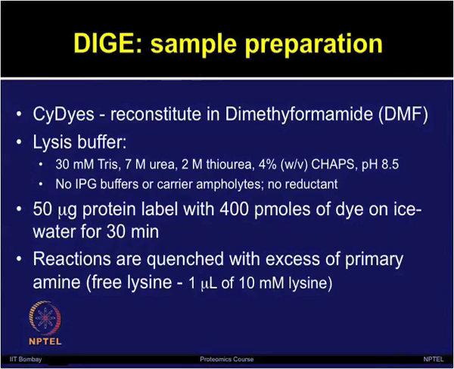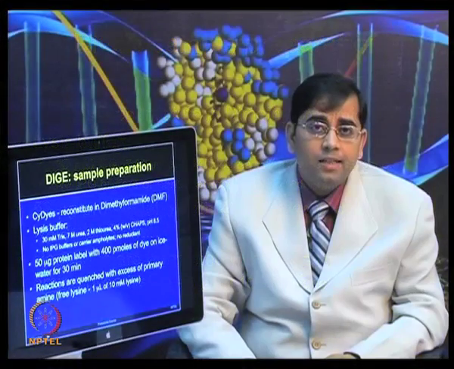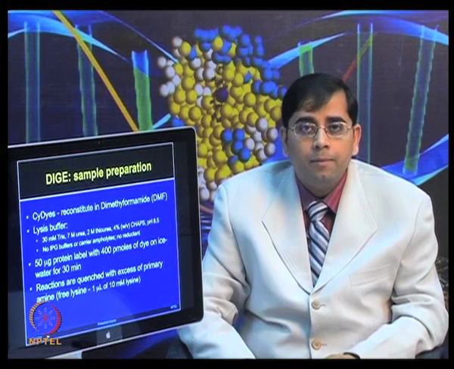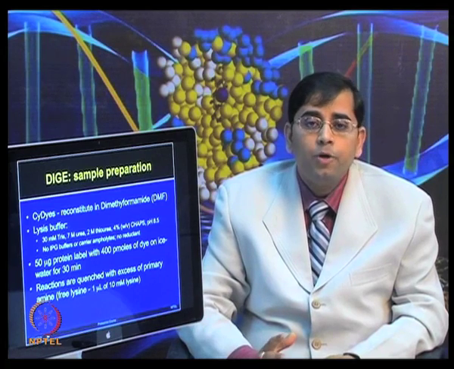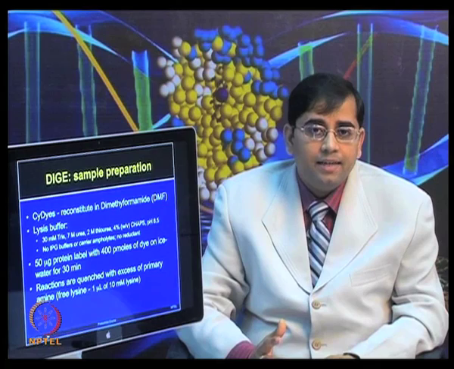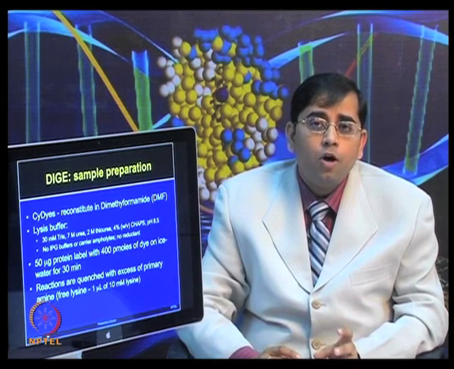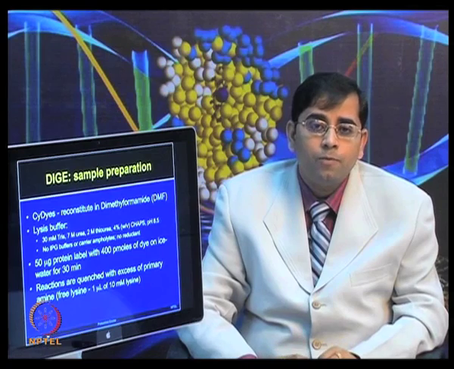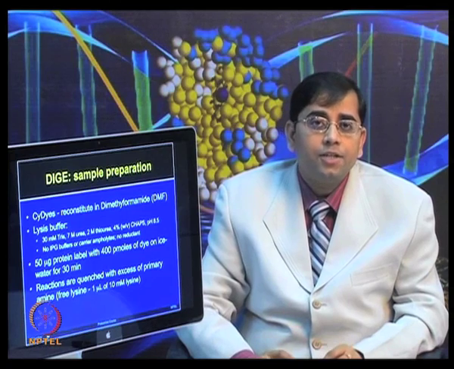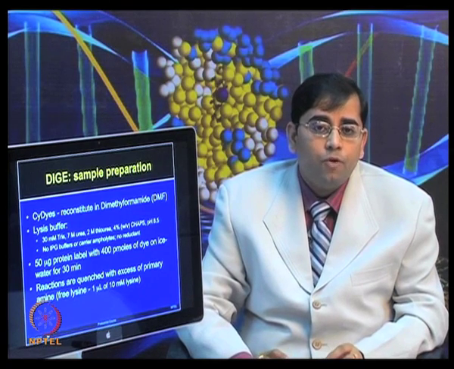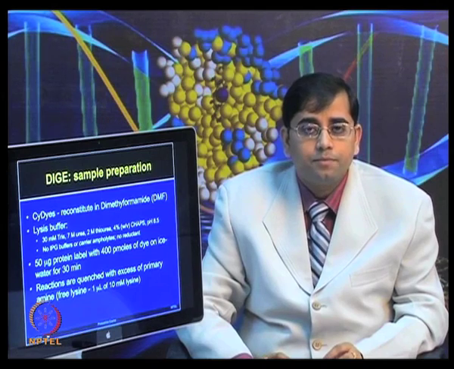Please make sure there is no IPG buffer or carrier ampholyte, and no reductant added in this lysis buffer. Since you want to perform the minimal labeling, you need to add only 400 picomole of Psi dyes to a small amount of protein, 50 microgram of proteins, and the reaction should be performed on ice in the dark for half an hour.